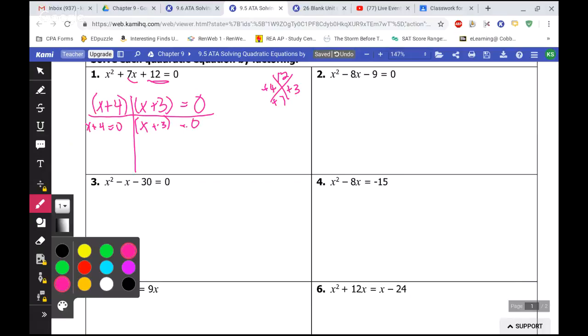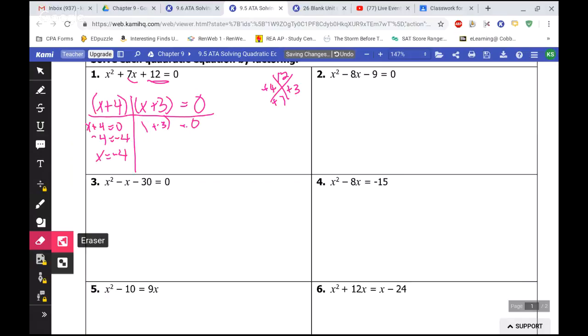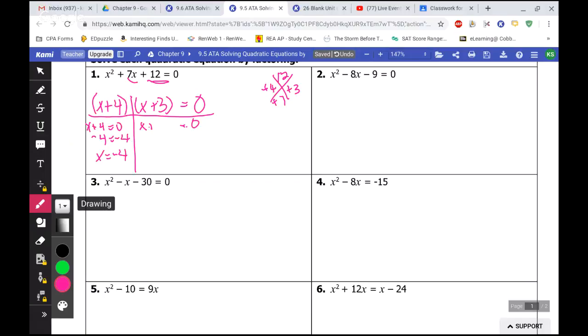Sorry guys. And then you take each little factor, like the x + 4, x + 3, and now you'll actually solve for x. So x = -4 over here, and then x = -3 here.